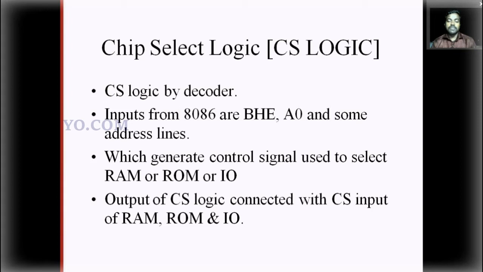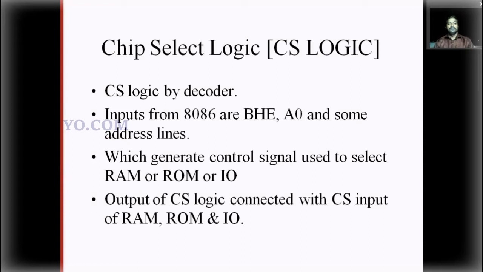So in order to improve power consumption, we switch off the particular device whenever it is not in use. The chip select logic is used to enable or disable the particular chip connected with the 8086 according to the requirement.